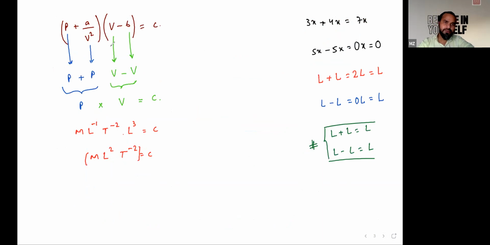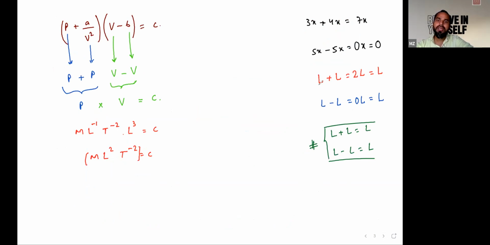In the second part, we have to solve for this particular c. We have derived a relation: if two quantities are added, suppose L plus L, it will give you nothing but 2 times L. 2 is nothing but any number which can be neglected on the basis of dimension.